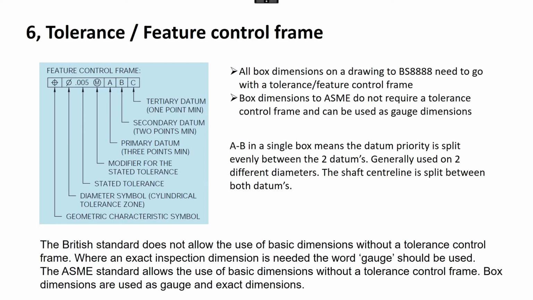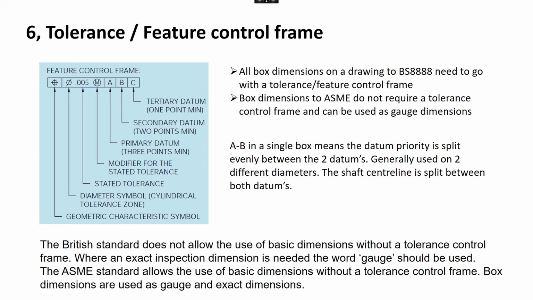Sometimes you can split the datums by using A-B in a single box. So basically you're splitting the priority between those two datums evenly. It's usually used when you want to use the center line of two diameters and you're machining something relative to the two ends of a part, for example.